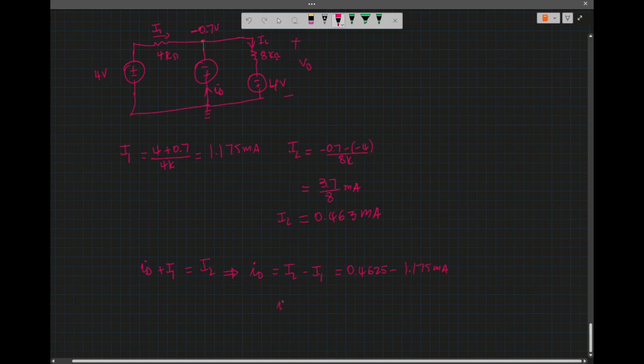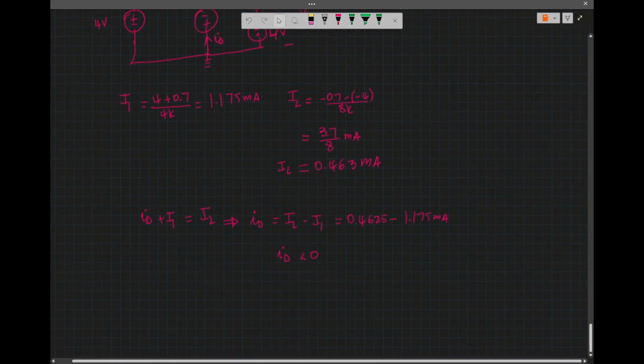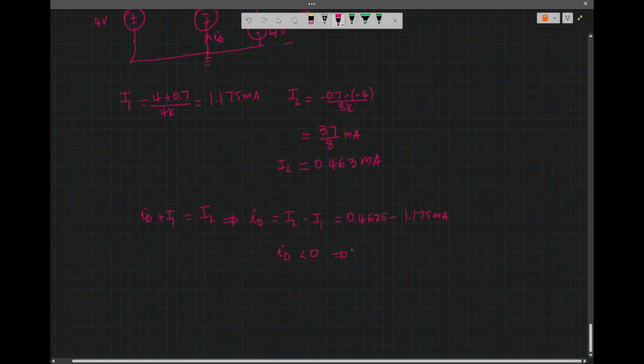So ID is negative in this case. So this implies that the diode is not forward bias either. So the diode is off.